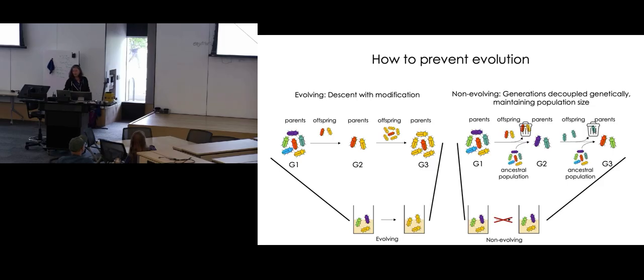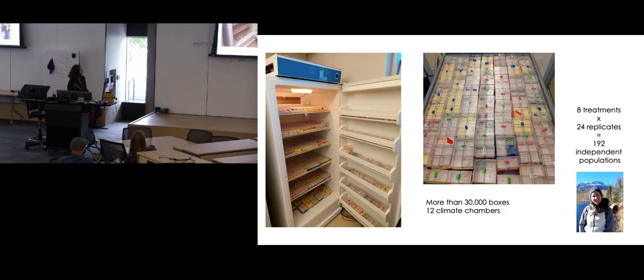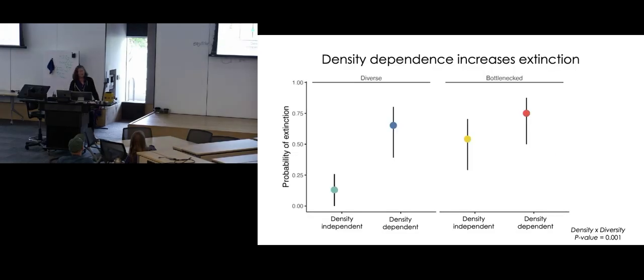All right, and I'll go straight to the results in a moment. Just the expansion of density independence in this experiment was kind of nightmarish, but Lore is amazing, and yeah, we managed it.